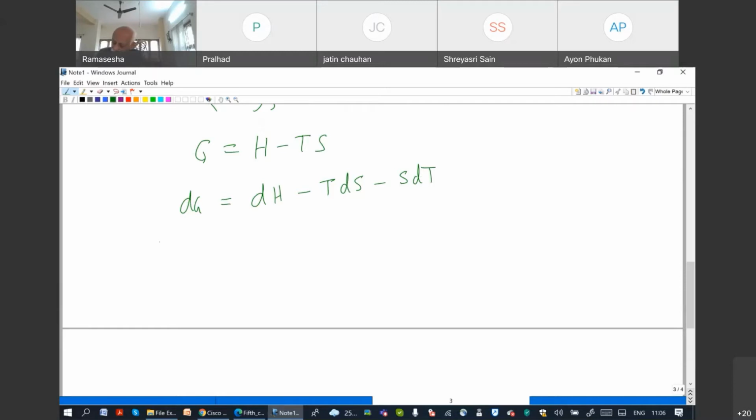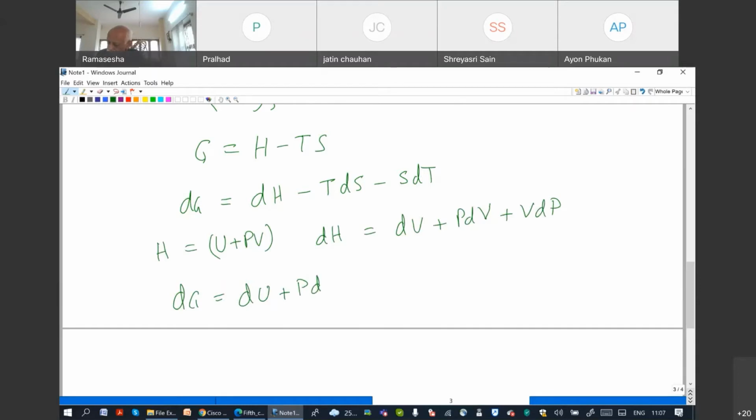And what is H equal to? U plus PV. So what is dH equal to? dU plus PdV plus VdP. So I can substitute for dG, right? Yes, sir. dU plus PdV plus VdP minus TdS minus SdT.